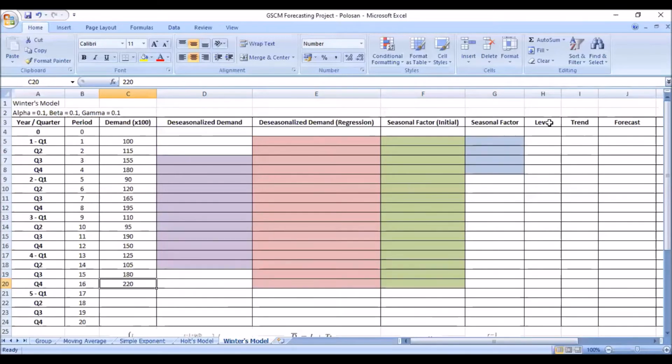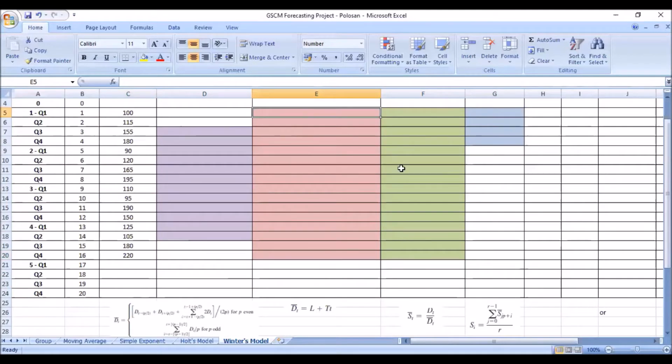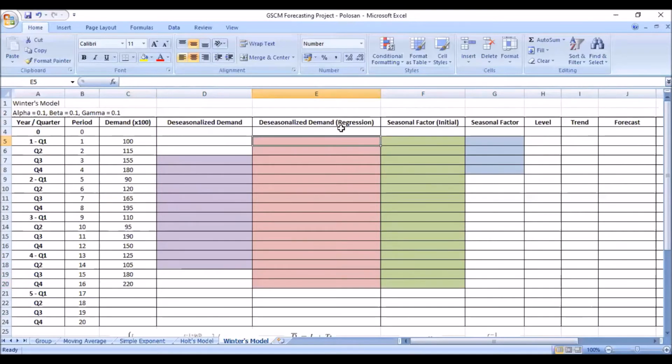After that, we can use the level and trend to find the deseasonalized demand based on regression, which is based on the level and trend and the corresponding period. In this case the formula is T(t) = L + T(t), which means the initial level plus the initial trend corresponding to the period.